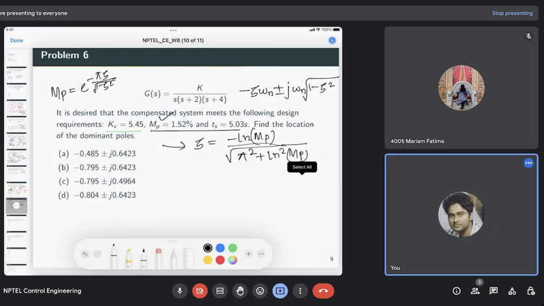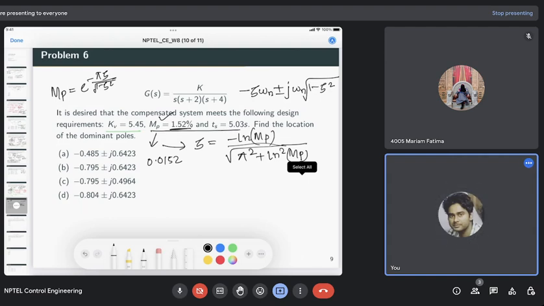Okay, so first we compute this zeta value, that is the damping factor. So again using the calculator, this is given in percentage, so as a fraction it will be 0.0152. So zeta equals minus ln 0.0152 by the square root of pi square plus ln 0.0152 square.